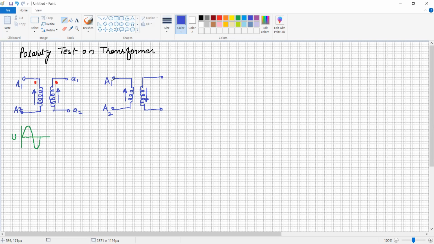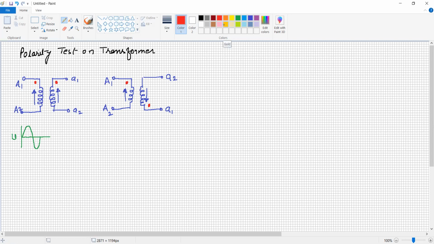So under such a condition, this will be A1 and it will be A2. So it means that the terminals are of similar polarity. Means during the positive half cycle, this terminal is positive, and this terminal is also positive, for the instant of supplied voltage.